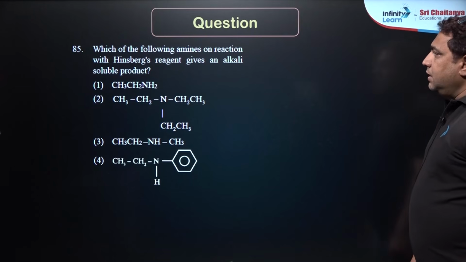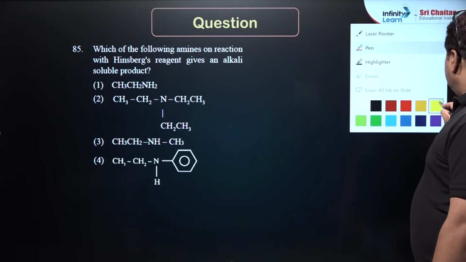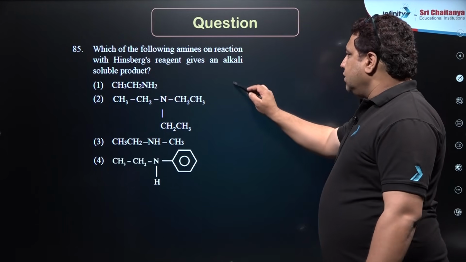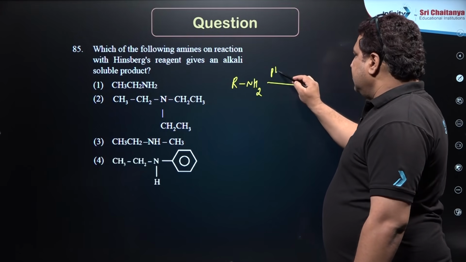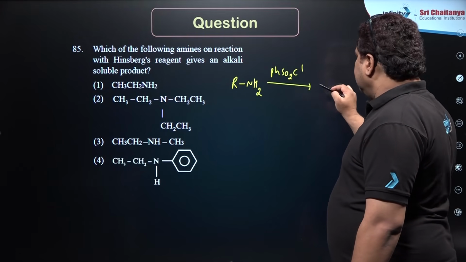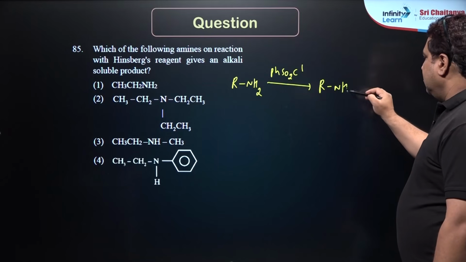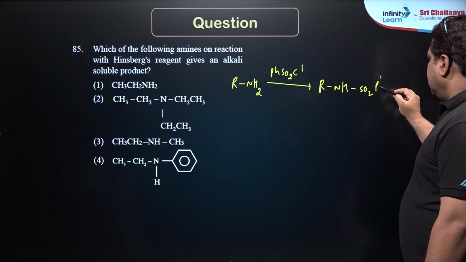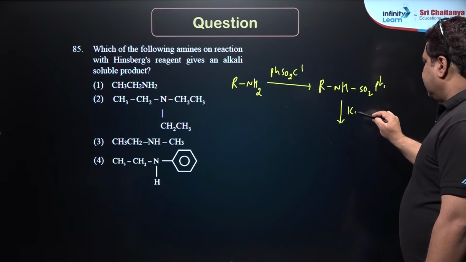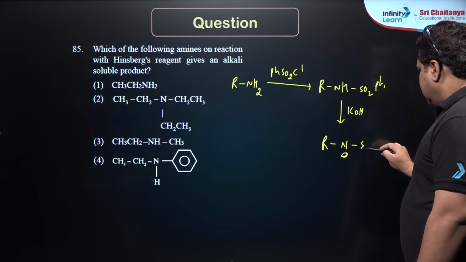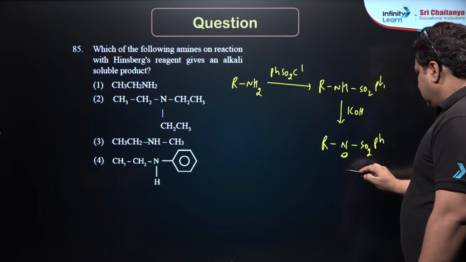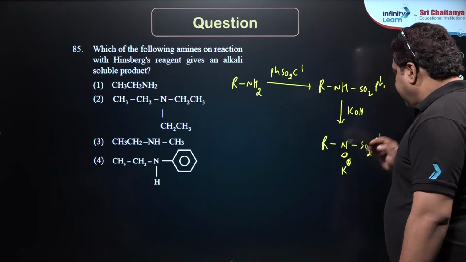Next, which of the following amines on reaction with Hinsberg reagent gives a soluble product? So everybody should know, whenever you take primary amines and treat with benzene sulfonyl chloride, then you will get this one. This will further react with the base and form a salt, right?